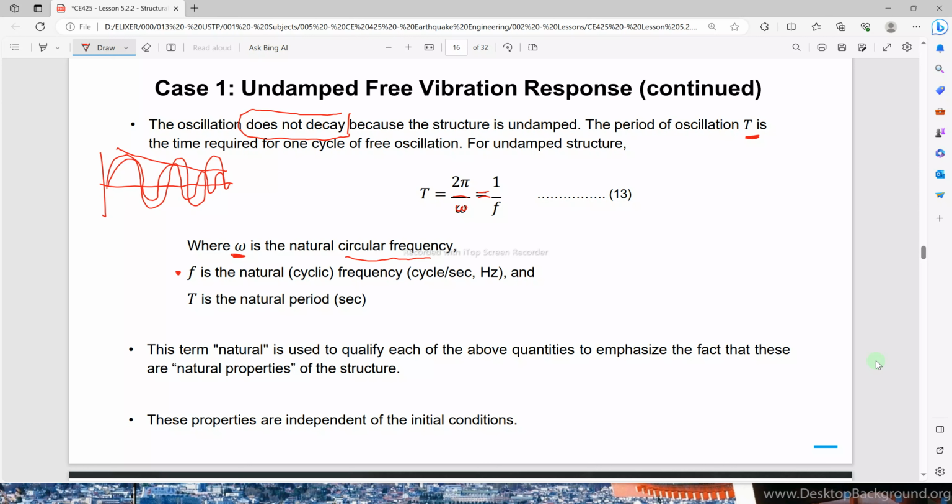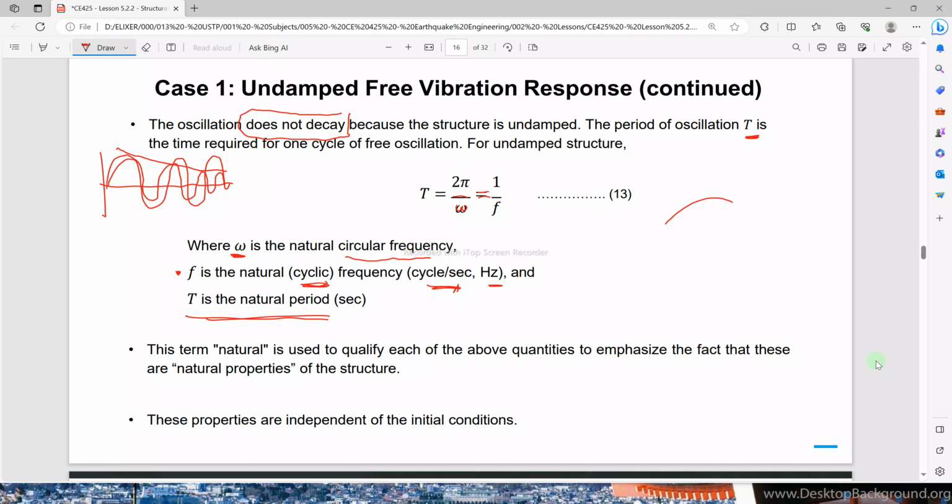Our f, small letter f, is the natural frequency or cyclic frequency, and the unit is cycles per second, or hertz. And the period is the natural period, the time a single cycle takes to complete.